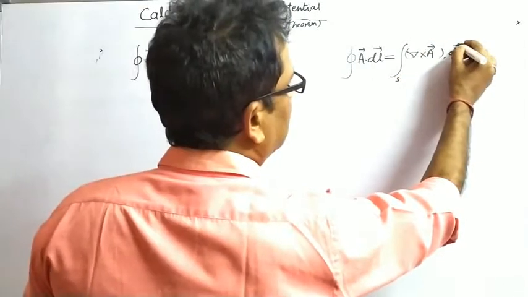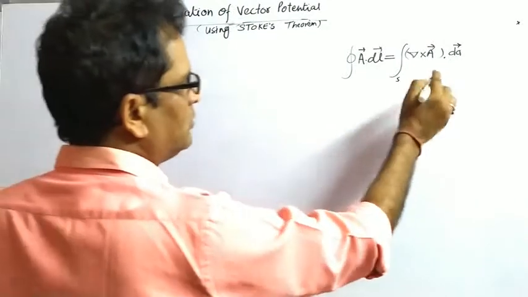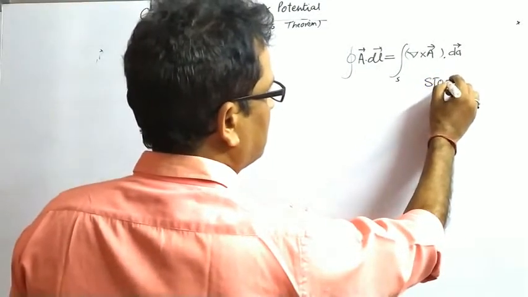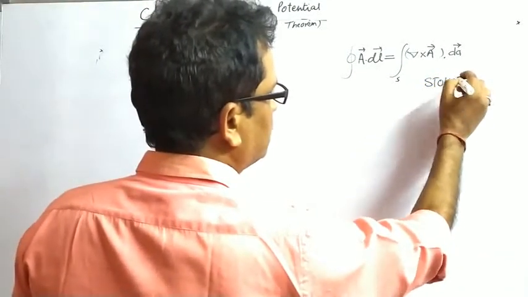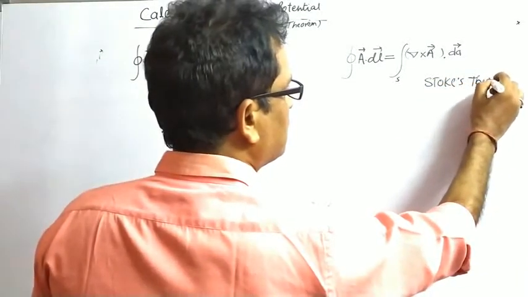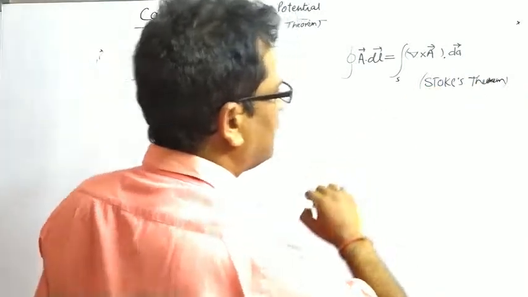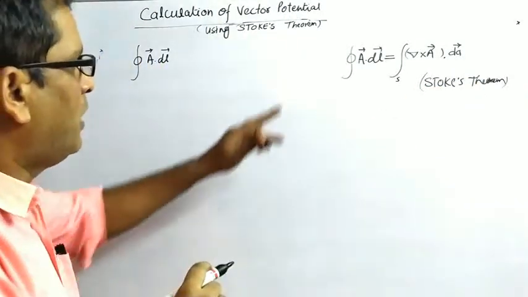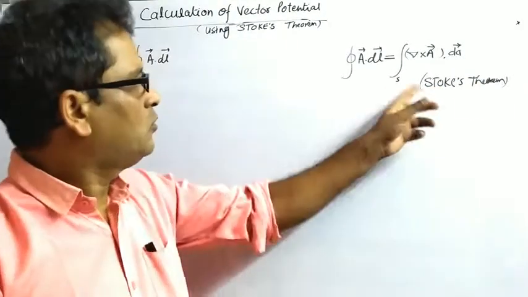This is also a vector. So this is known as Stoke's theorem, in vector algebra. I am going to use this Stoke's theorem now.